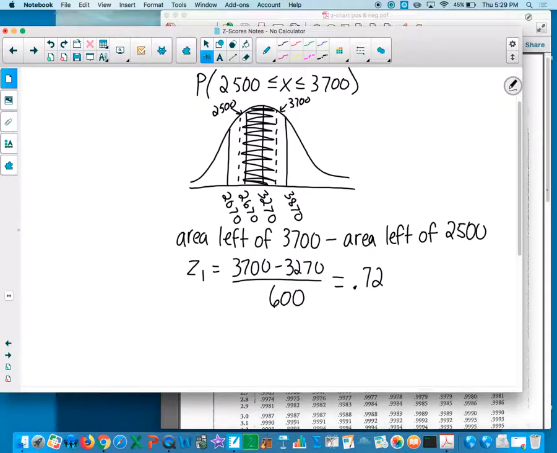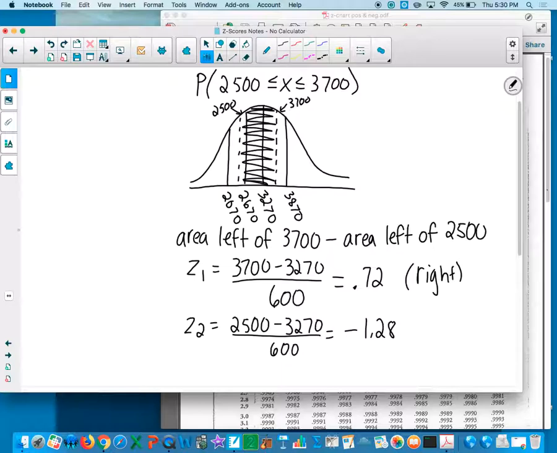And then for my second one, and then the only difference is the side of the chart we're looking at. If it's positive, we're looking at the front side of the chart because that's on the right side of the mean.